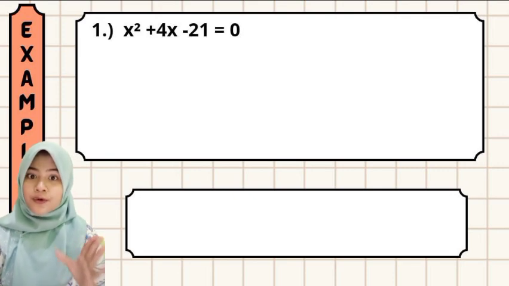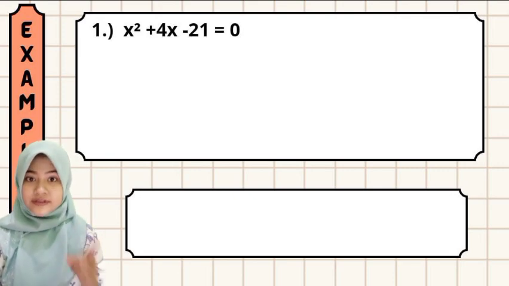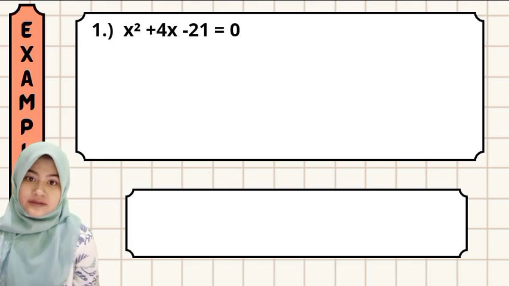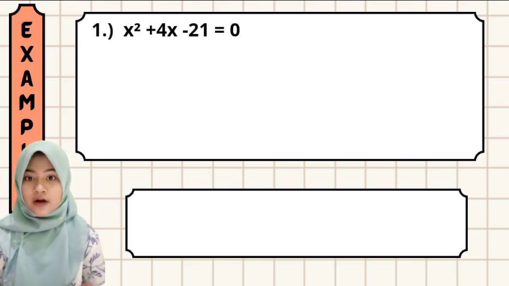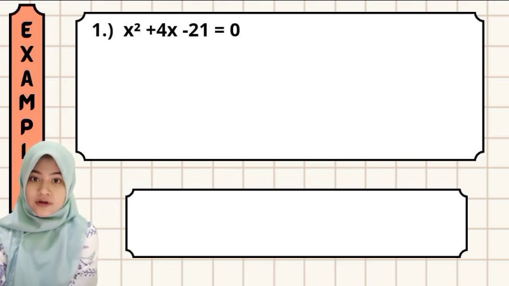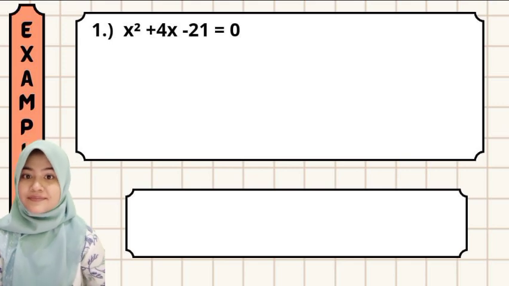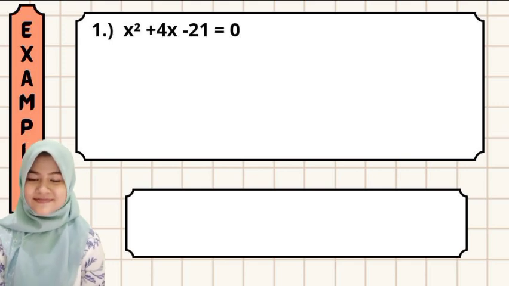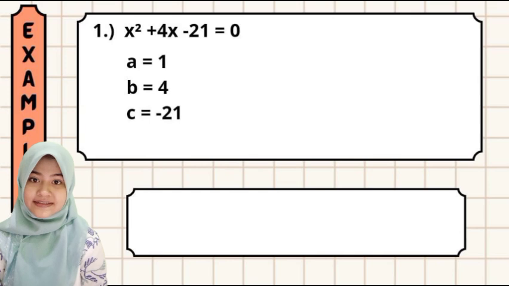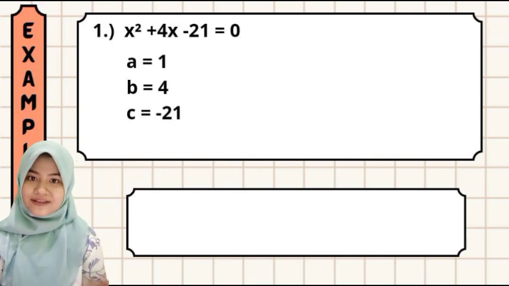Next, we have some examples of quadratic equations. The first one is x to the power of 2 plus 4 times x minus 21 equals 0. Based on the general form of a quadratic equation, let's find a, b, and c. a is 1, b is 4, and c is minus 21.